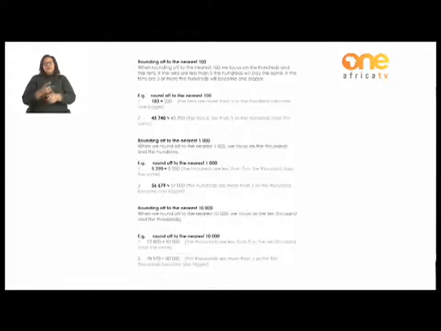And lastly, we have rounding off to the nearest 10,000. When we round off to the nearest 10,000, we focus on the 10,000 and the thousands. For example, 12,800 rounded off to the nearest 10,000. Let's read. The thousands are less than 5, so the 10,000 stays the same.